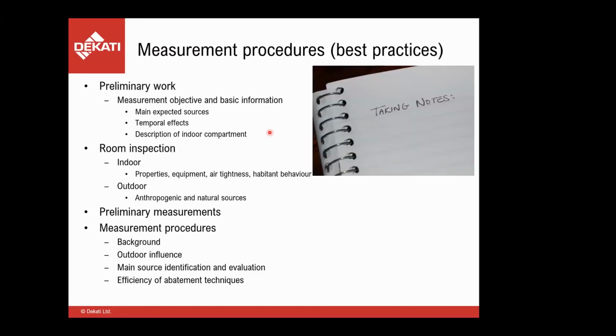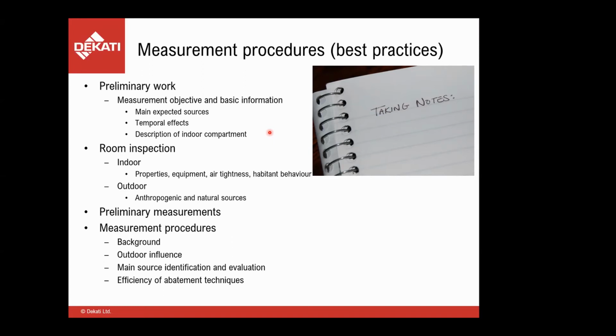Then the standard has so-called best practices. They've tried to write down what would be the recommended practices, which would involve quite a lot of work, but this would be a very comprehensive measurement of the indoor air quality.